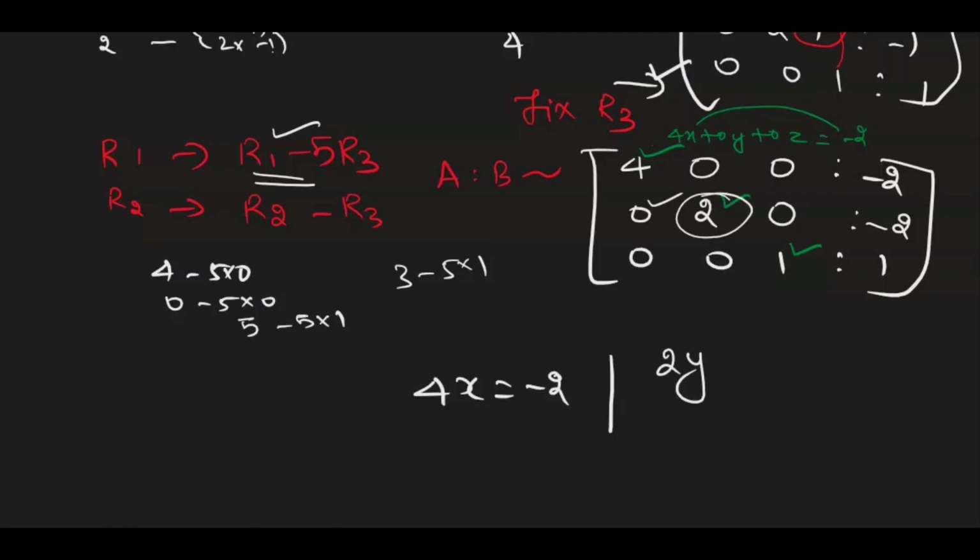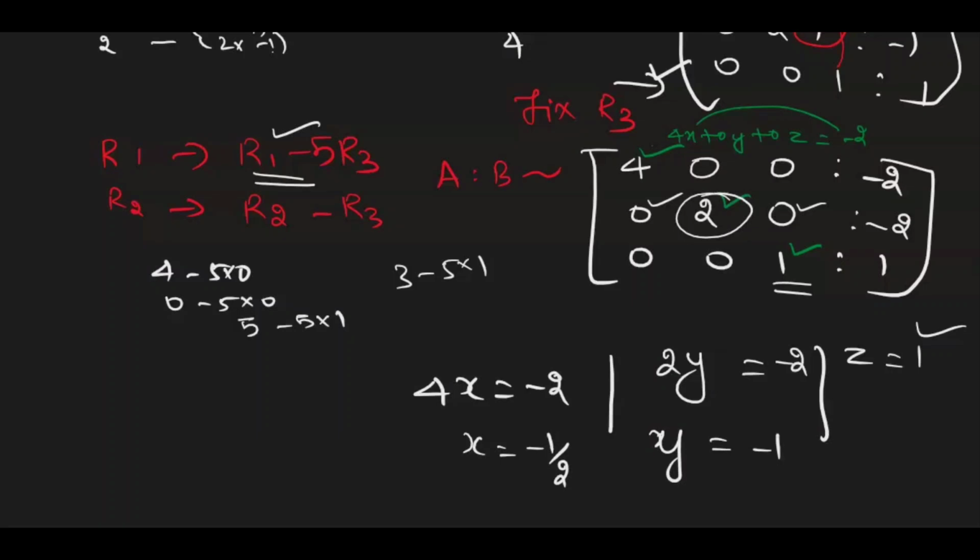Then 2y is minus 2 from the second row. And then z is equal to 1. So this is how we solve. If I simplify, the first one is minus 1 by 2 as I told, the second one y is minus 1, and z is 1.